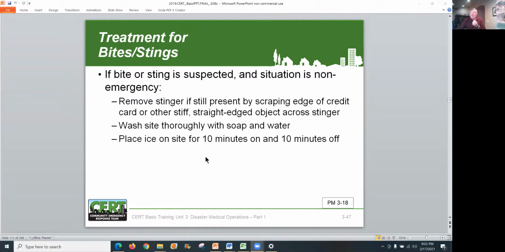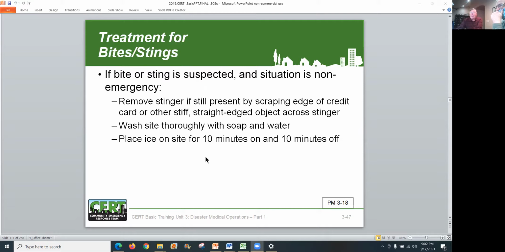If a bite or sting is suspected and the situation is non-emergency, remove the stinger. I have a daughter who, if she gets a sting of any sort, has a pen that she uses to take care of it. If they don't have that problem, you could scrape a credit card or a stiff card along and remove the stinger. Wash it thoroughly with soap and water.